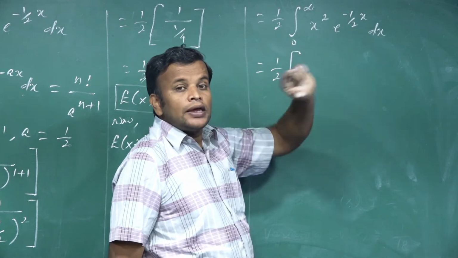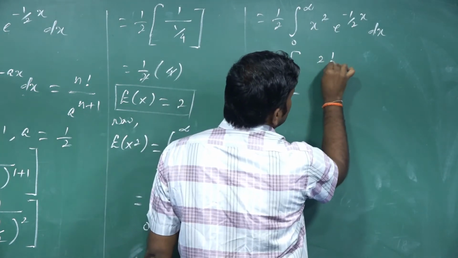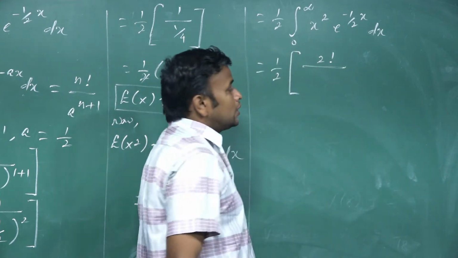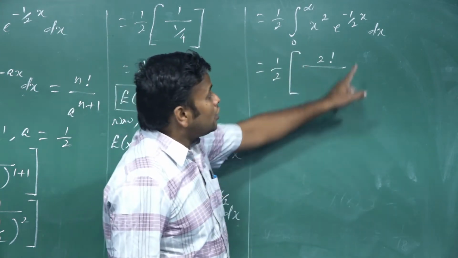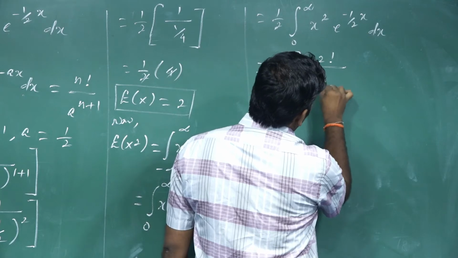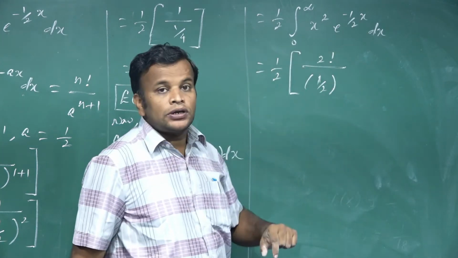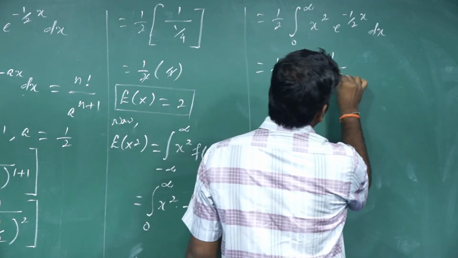So the formula is n factorial divided by a power n plus 1. The value of n is the power of x, so 2 factorial. The value of a is 1 by 2, whose power is a power n plus 1. The value of n is 2.